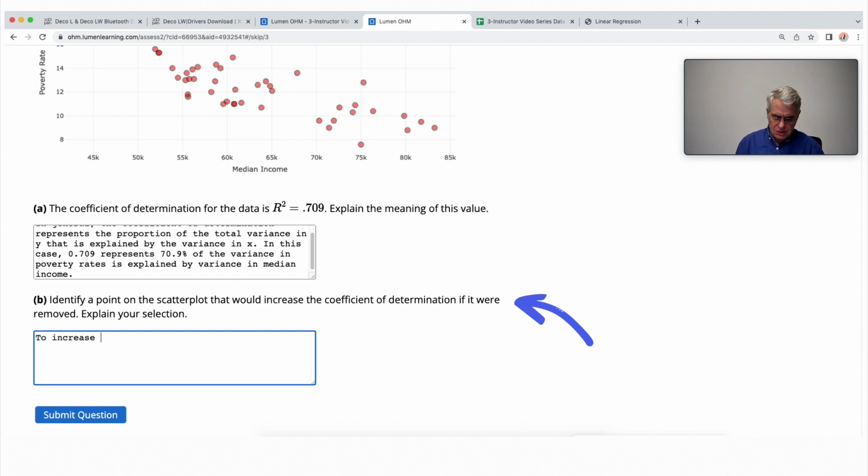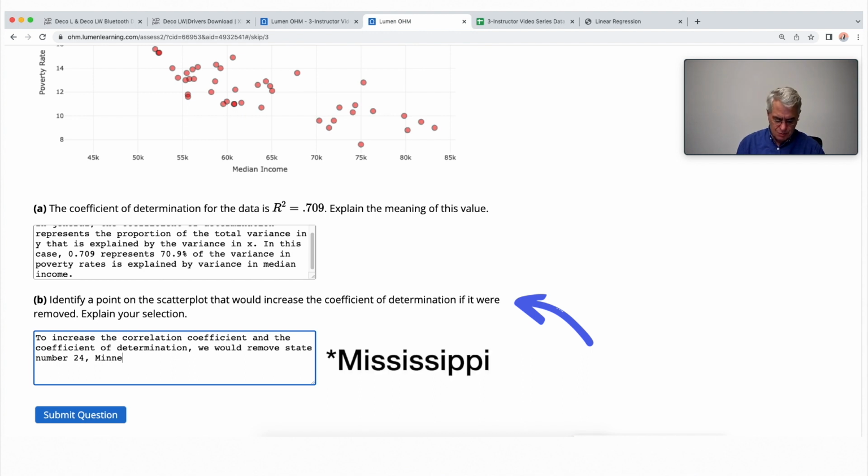To increase the correlation coefficient and the coefficient of determination, we would remove state number 24, Minnesota, my hometown, which has a large deviation or residual from the predicted value.